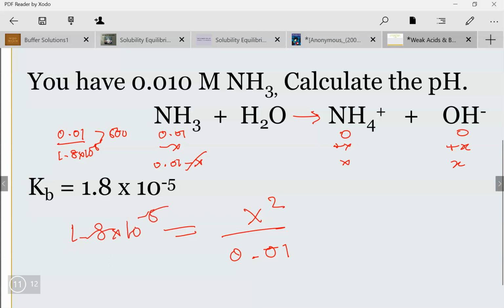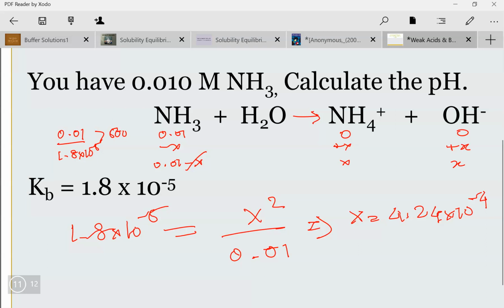Again, this looks exactly the same as our acid guy. So we do 1.8 times 10 to the power negative 5 times 0.01, square root that answer, and then we get x equals 4.24 times 10 to the power negative 4.